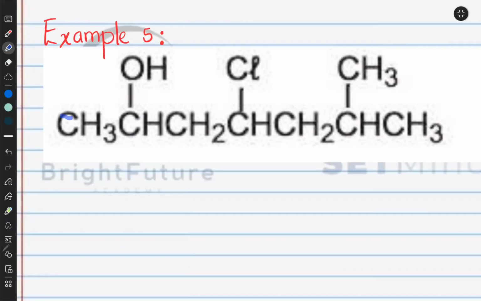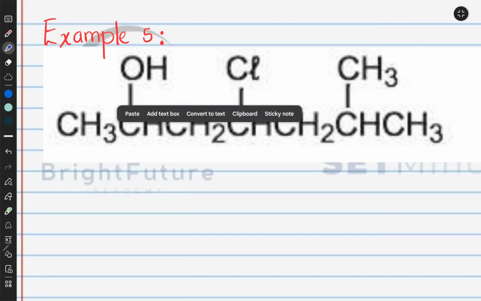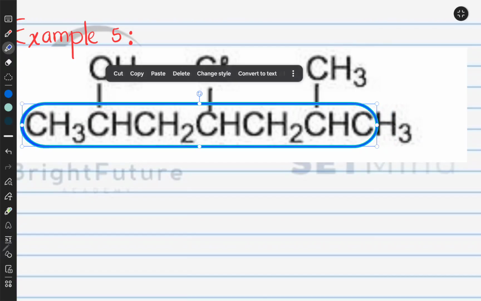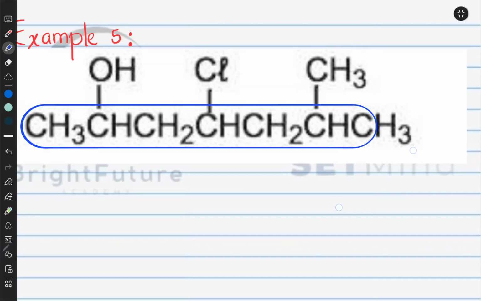If you check, it's just going to be this one, right? Because let's just count though. 1 2 3 4 5 6 7, right? 7 carbon atoms. Or we can go 1 2 3 4 5 6 7, still the same thing. So if you notice, both chains will contain 7 carbon atoms in them. So I'll just go for the straight chain because it's convenient, and it's something I can easily see.